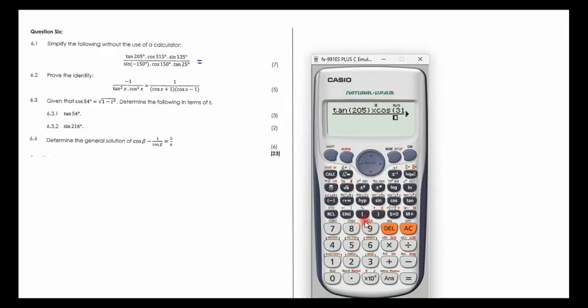I'm going to try and move as fast as I can with this one, so we just type in this, times cos 150, and then times tan 25. Now let's see what we get. We're getting 1,155. So 1,155 is what I'm trying to get to.